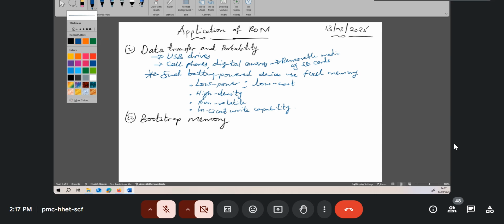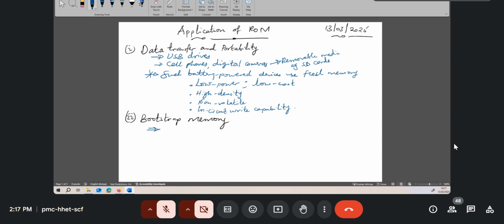When we talk of bootstrap, we are talking about the booting up process in computer systems. One of such programs that has been in existence for quite some time is the BIOS.